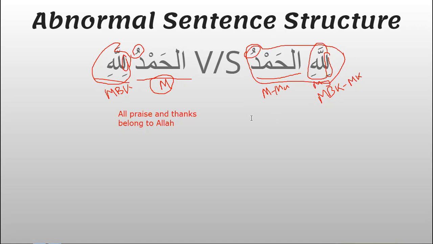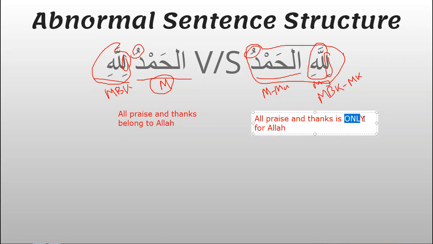Okay, so how are we going to translate it? We're going to translate it as "all praise and thanks." This means alhamd. Alhamd means praise and thanks both. All praise and thanks is only for Allah. You understand?